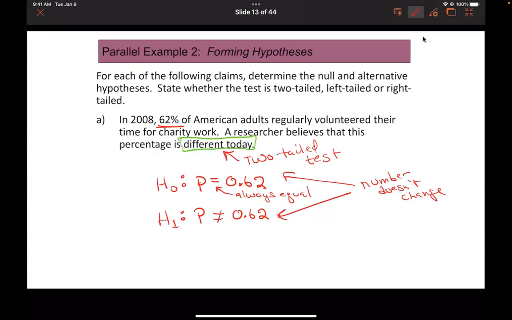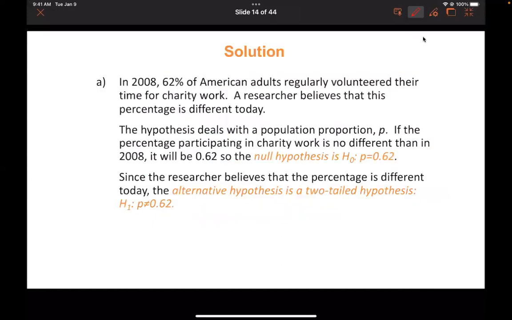Questions? Okay, so this is just exactly what I just said, just with a lot more words. It has the null hypothesis right here and the alternative hypothesis right there. All right. Let's go to the next one.